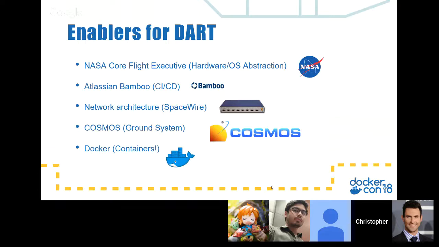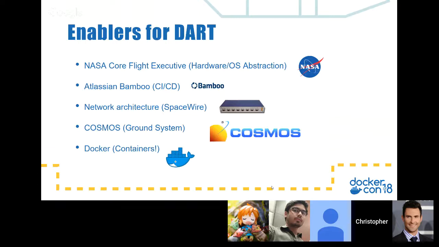That ground system is out of Ball Aerospace, and that gives us an ability to basically use a lightweight Ruby-based ground system that's maybe not completely full-featured, but relatively easy to set up, and we Dockerized that so that it became super easy to set up.